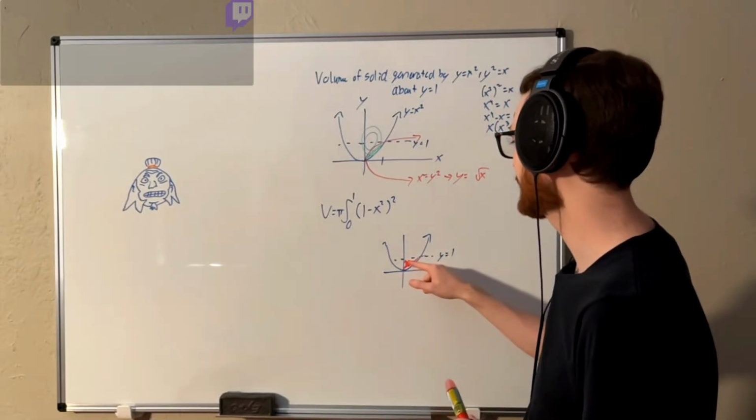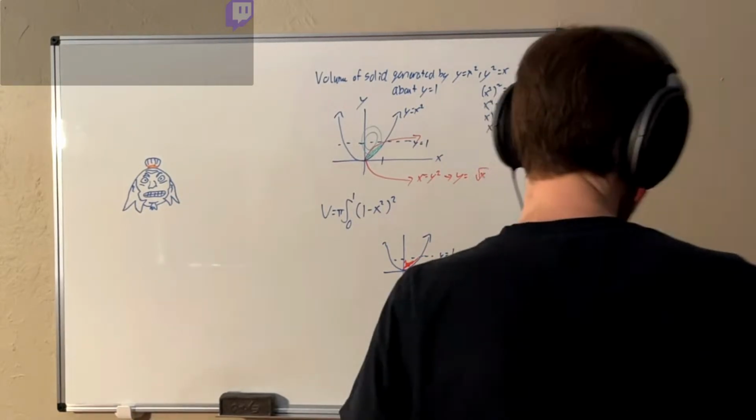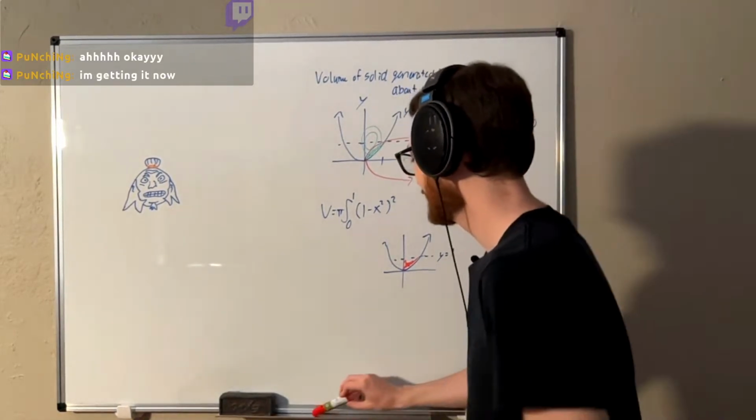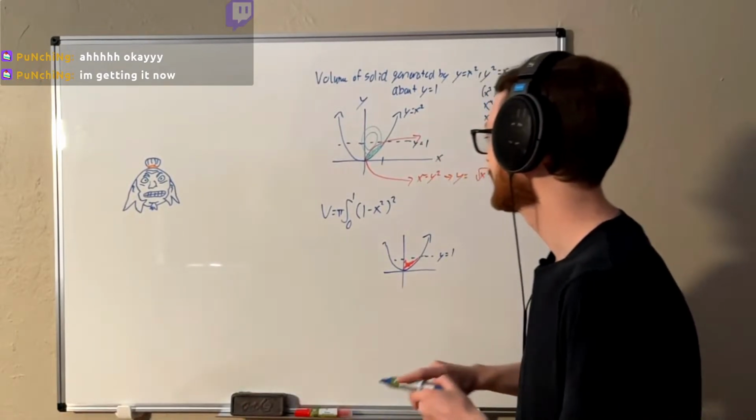And then in the second part, we're going to subtract out the little bit that's going to be in there from the other part. Is the idea. You getting it now? Okay, perfect. So that's the outer.